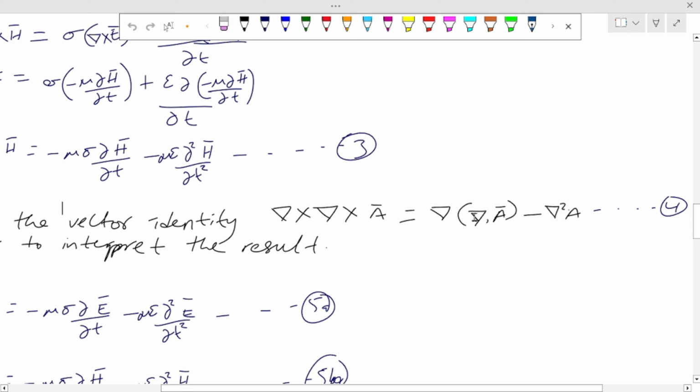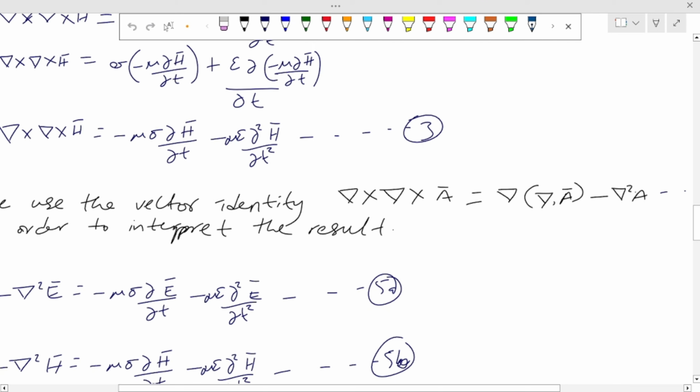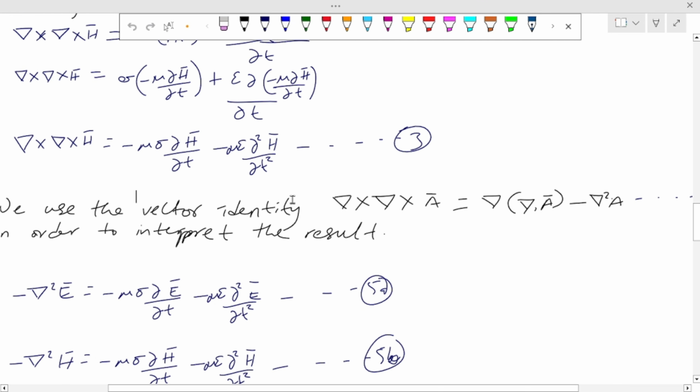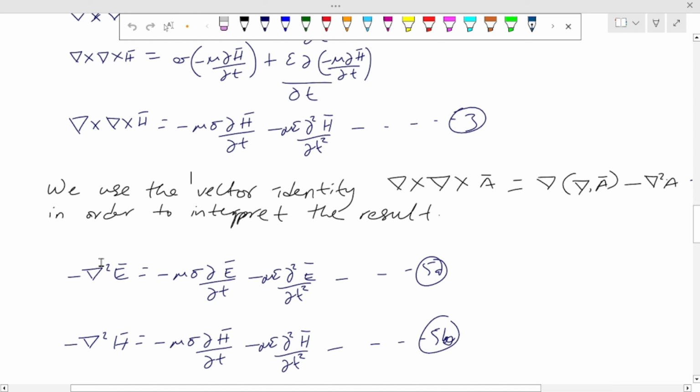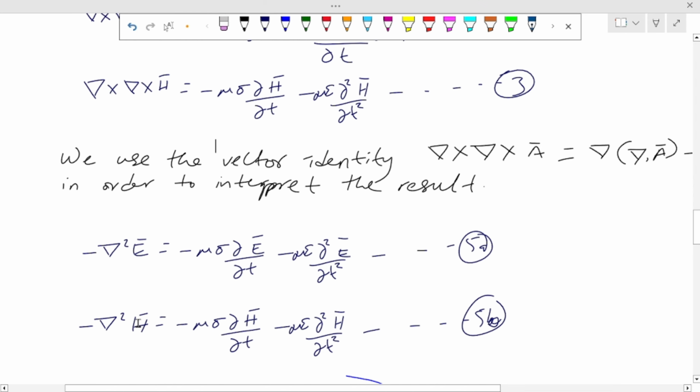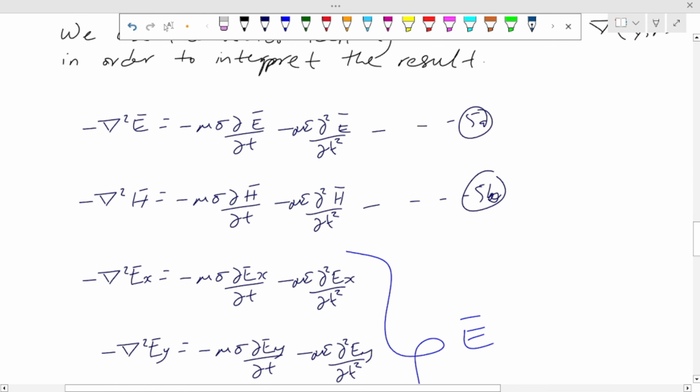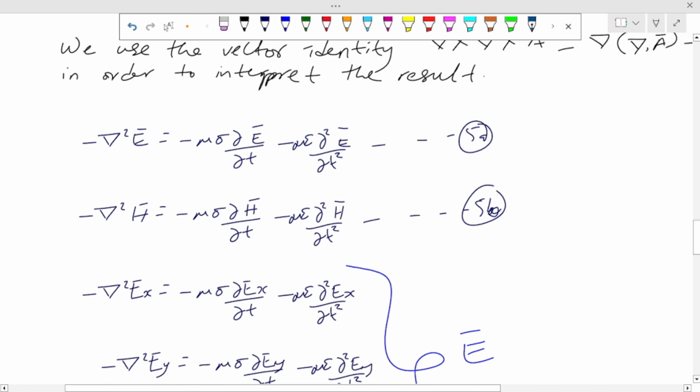Please just watch the previous video so I don't make this one too long on the same thing I've explained in the previous one. So when you put in that vector identity and you substitute in nabla dot, you get this. Same applies for the H. So this is what we'll be working with.